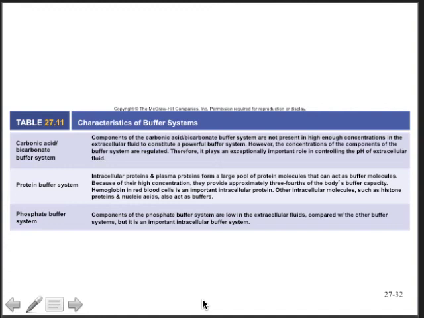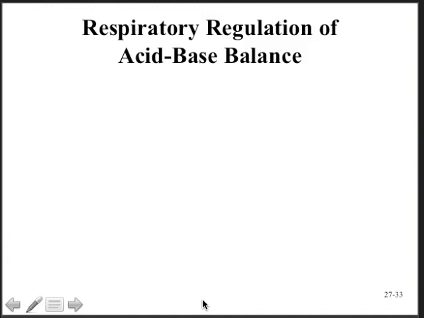They're all going to consist of an acid and its conjugate base, and when challenged with an acid or base from the outside, the amount of free proton in the fluid is not going to change significantly due to the buffering effect, and the result is the pH shift will be minimal.